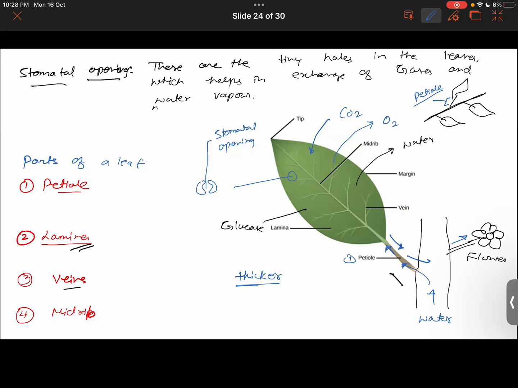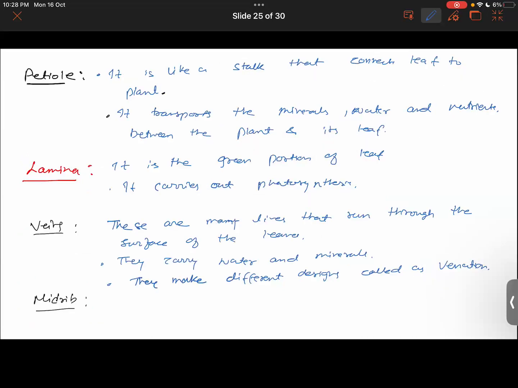Obviously, it is the midrib. So it is the central, prominent thick structure in the middle of the leaf.